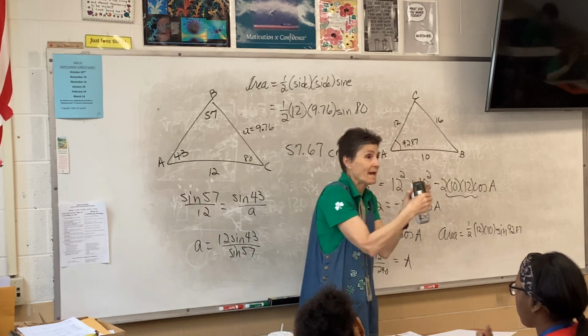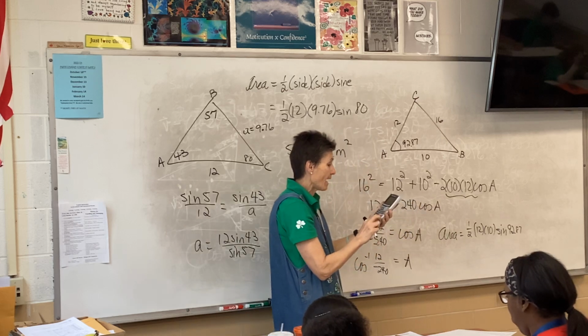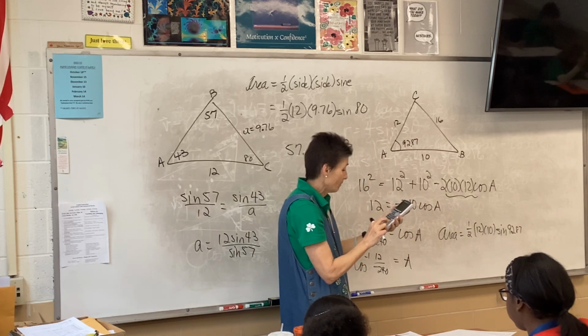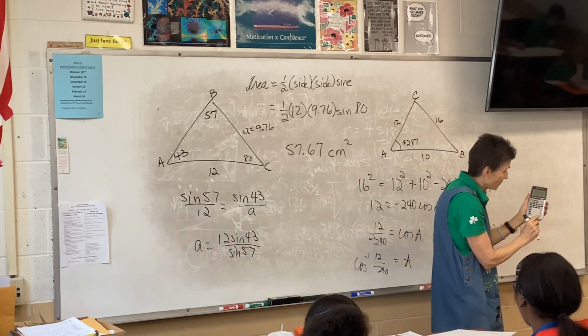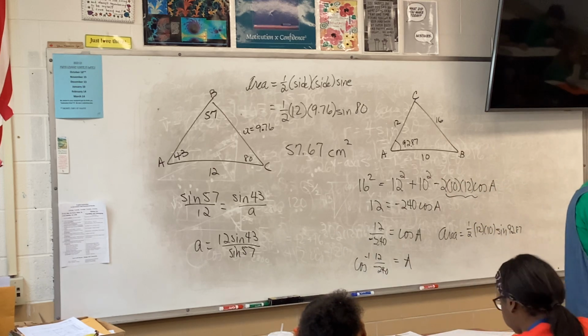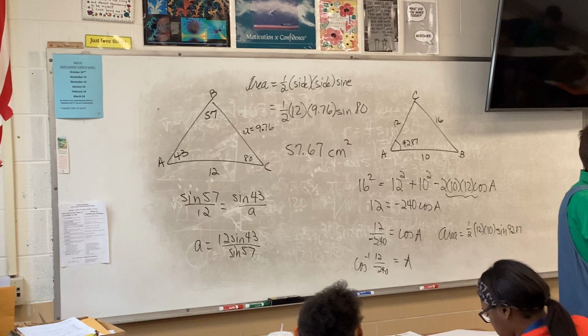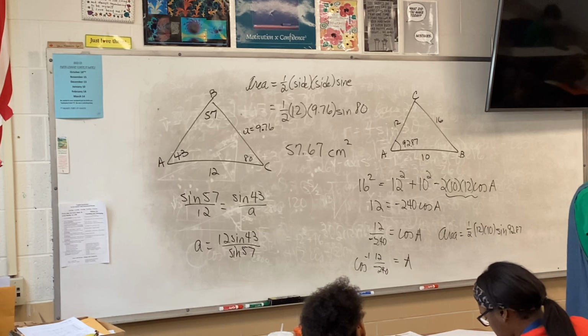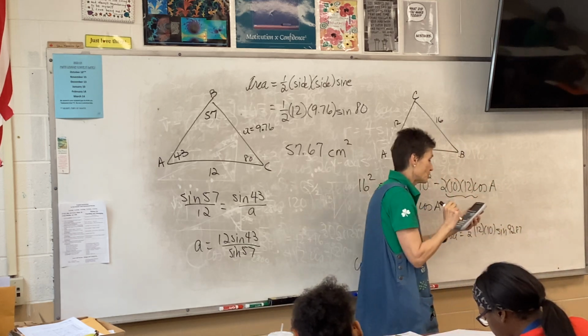So the whole angle is there, all right? So what I want you to do is 1/2 times 12 times 10 times sine of the answer. On the old calculators like mine, you have to do second answer. On the newer ones, you can actually cut and paste. But I want you to get as close as you can.